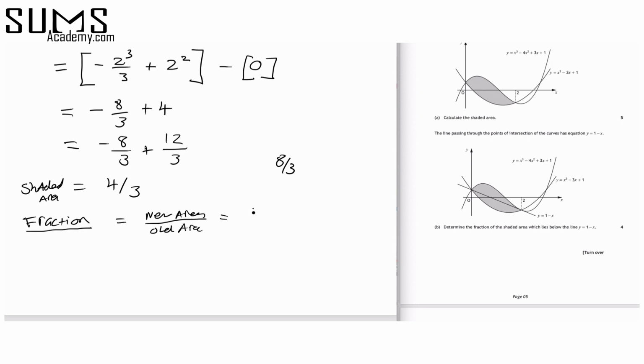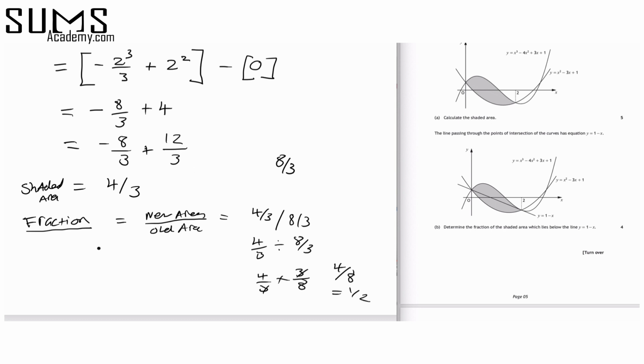That is equal to 4 over 3 divided by 8 over 3, which is the same as saying 4 over 3 times 3 over 8. The 3's cancel out. 4 over 8 is equal to 1 over 2.